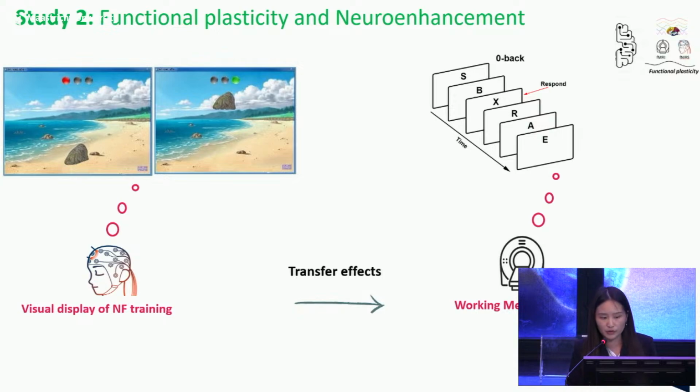We also want to know the transfer effect of the fNIRS neurofeedback training to the related working memory task. As we can see in this slide, the participant is asked to lift the stone on the beach as high as possible to regulate the cortical DLPFC activity. After the neurofeedback training, the participant completes the working memory task in the fMRI scanner.